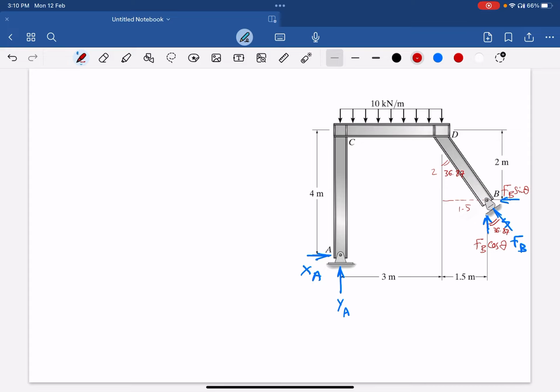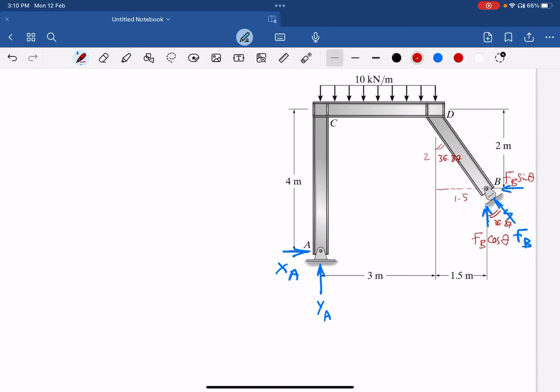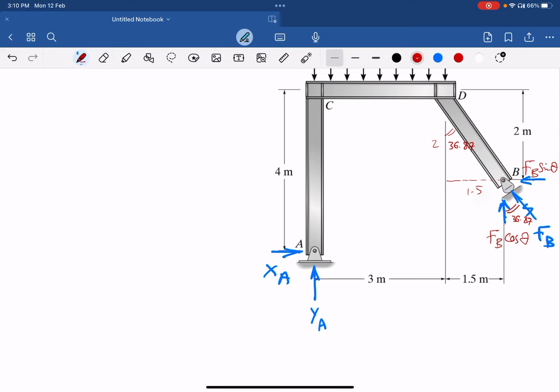Therefore the force here will be FB cosine this angle, and here FB sine this angle, let's say it is theta. Cosine this angle is 0.8, and therefore the force here will be 0.8 FB, and here it will be 0.6 FB.